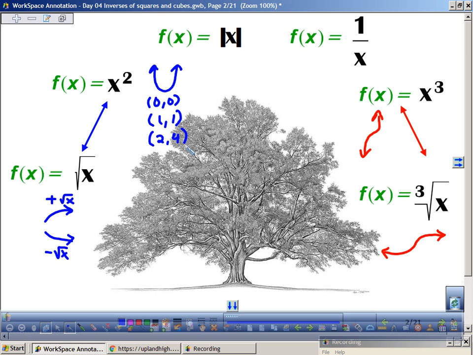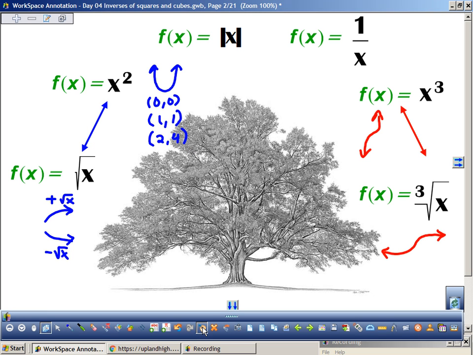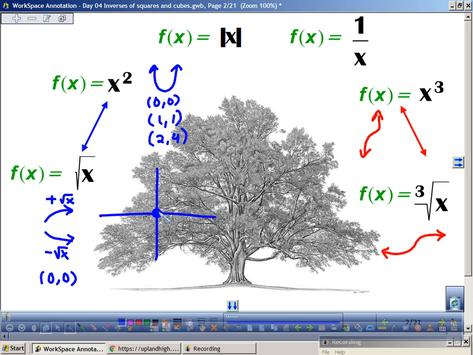But when I'm graphing these, if it's the parent function, the first points I would graph would be, again, 0, 0, and then what? Think of graphing. I'm at 0, 0. What's the next point I would do on a square root?